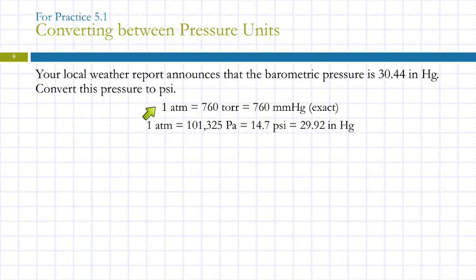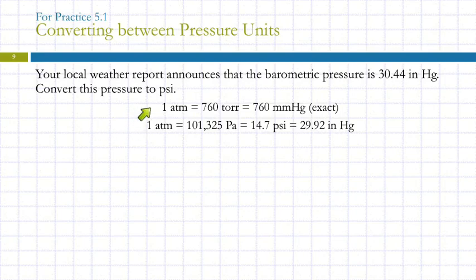So this first line you should memorize. An atmosphere is 760 torr, which is 760 millimeters of mercury. That is an exact relationship. It's been defined that way. Infinite sig figs. So if you're converting between torr and atmospheres, that 760 doesn't count toward sig figs. You just ignore it. It's not going to limit anything.